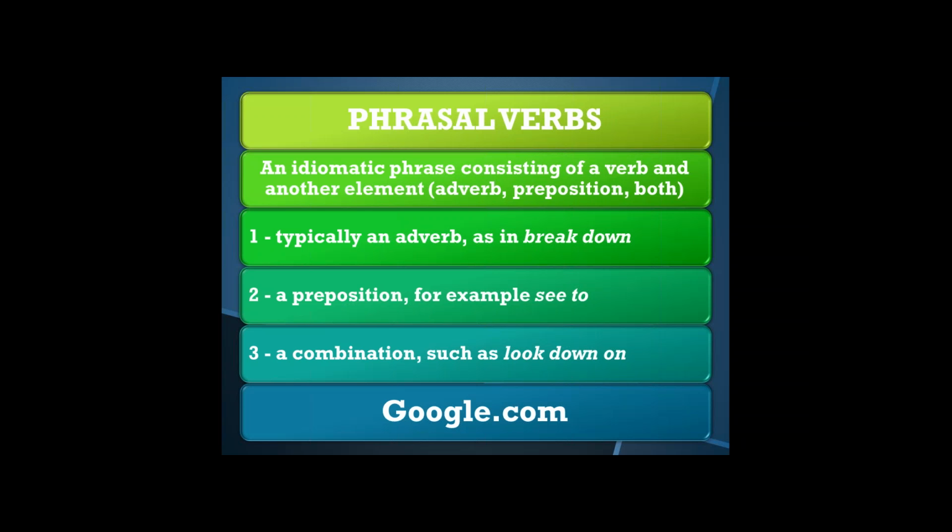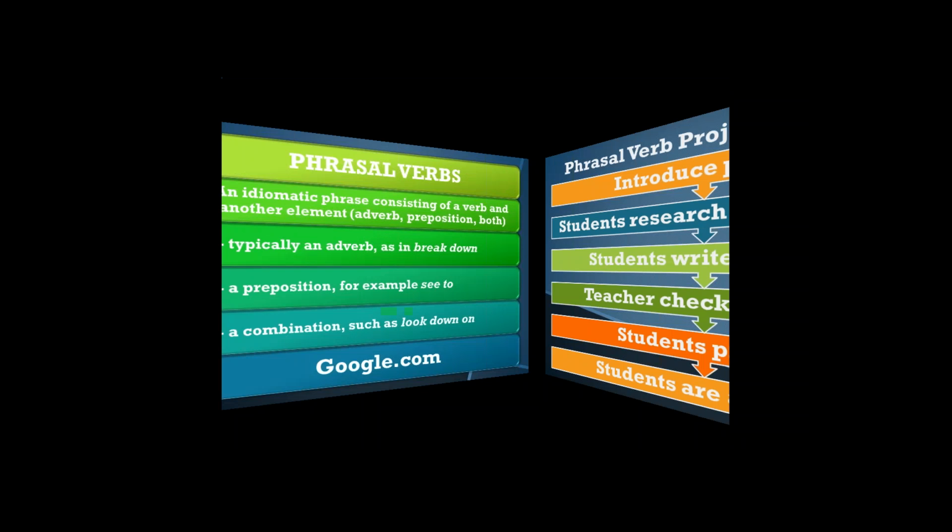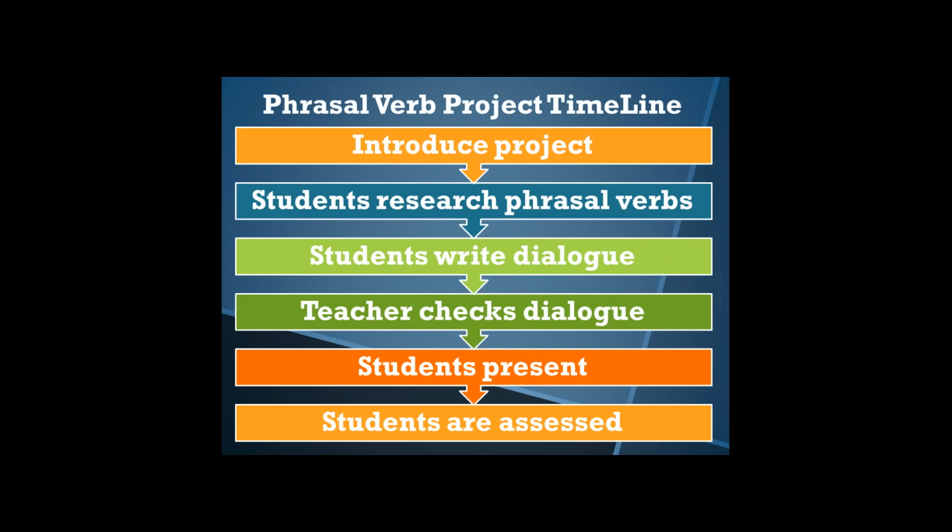So again, we're going to use the dialogue approach to create context for the students. Very similar to the idiom strategy: introduce the project, have the students research the phrasal verbs, and write the dialogue. Again, I recommend checking the dialogue to make sure the phrasal verb is used properly. The students will present, and then they will be assessed.